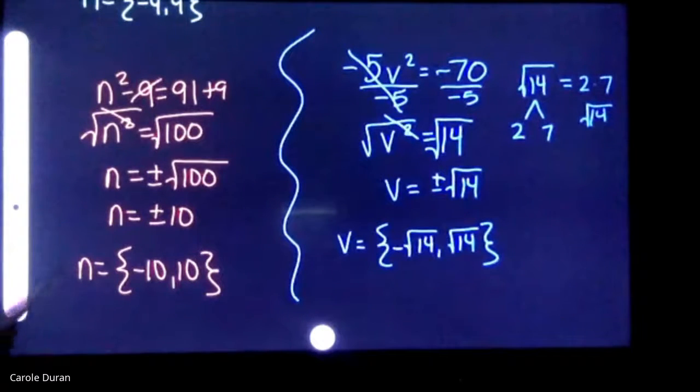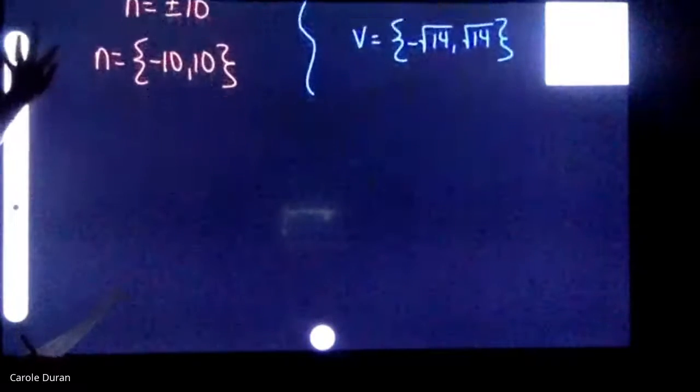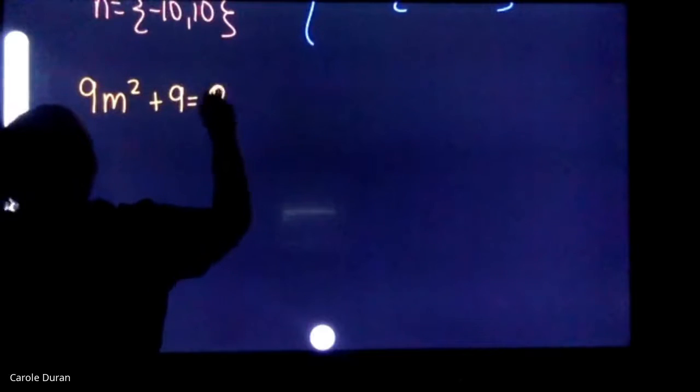If there are no issues with that, we're going to go ahead and move into another example. This example is 9m squared plus 9 equals 891.